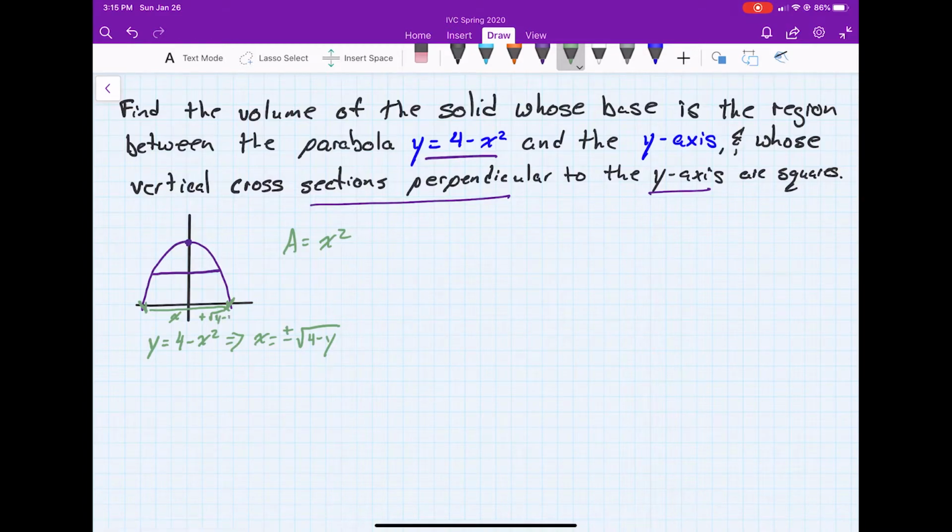We want to make sure that we are following the instructions, where the cross sections are perpendicular to the y-axis. So now we know there's points here and here. We're going from this point to this point. x is considered as 2 times the root of 4 minus y, because there's this axis of symmetry here, so we have 2 times that.